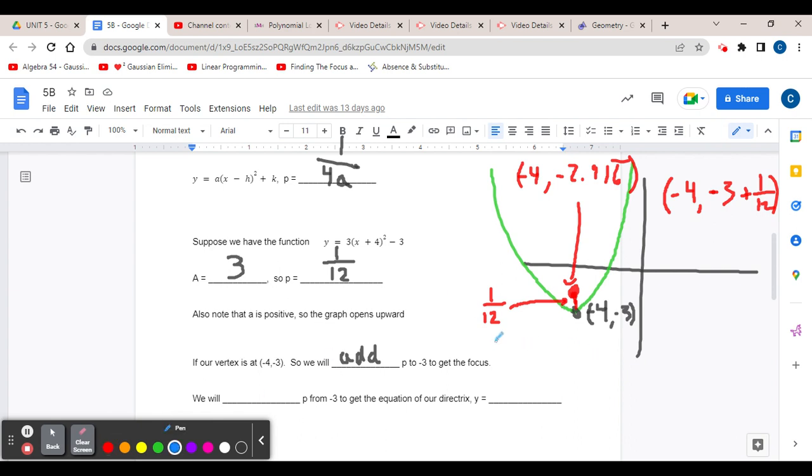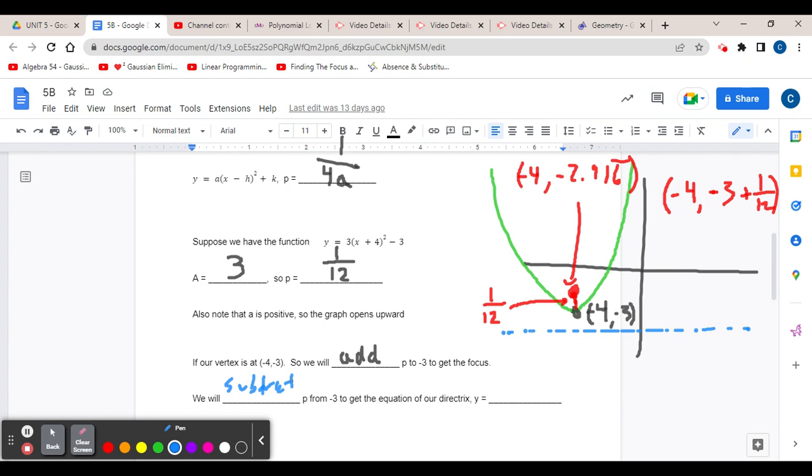Our directrix is going to be a horizontal line down here. Now, the directrix is underneath, it's outside of the parabola. So to get the line of our directrix, what we'll do is we'll subtract p from -3 to get the equation of our directrix.